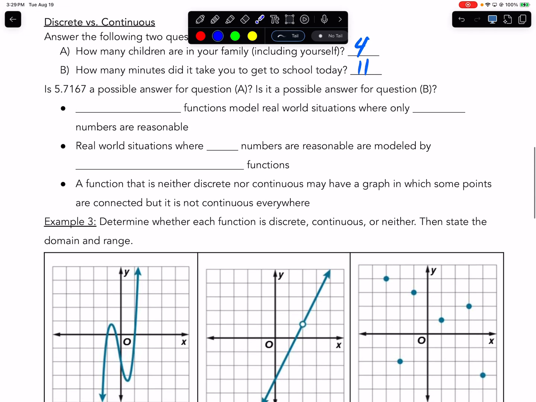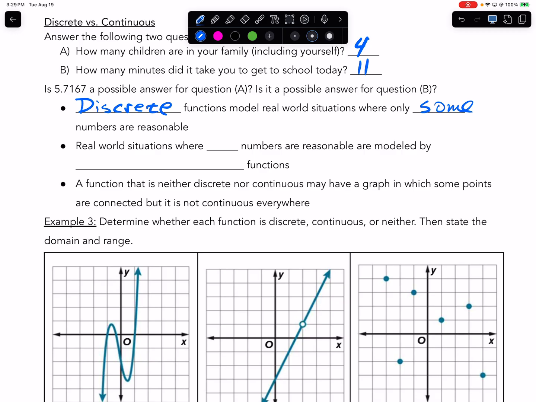Okay, next one is, discrete functions model real world situations where only some numbers are possible. Discrete is the first blank space right here.